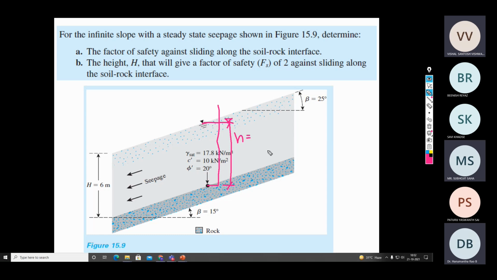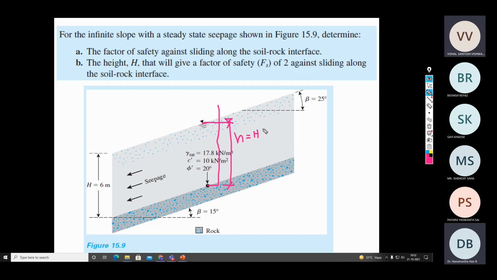Sir, L cos square i. No, no, no. This is water height. I'm not talking about the inclined height or inclined length of the element. Capital H into cos square beta.